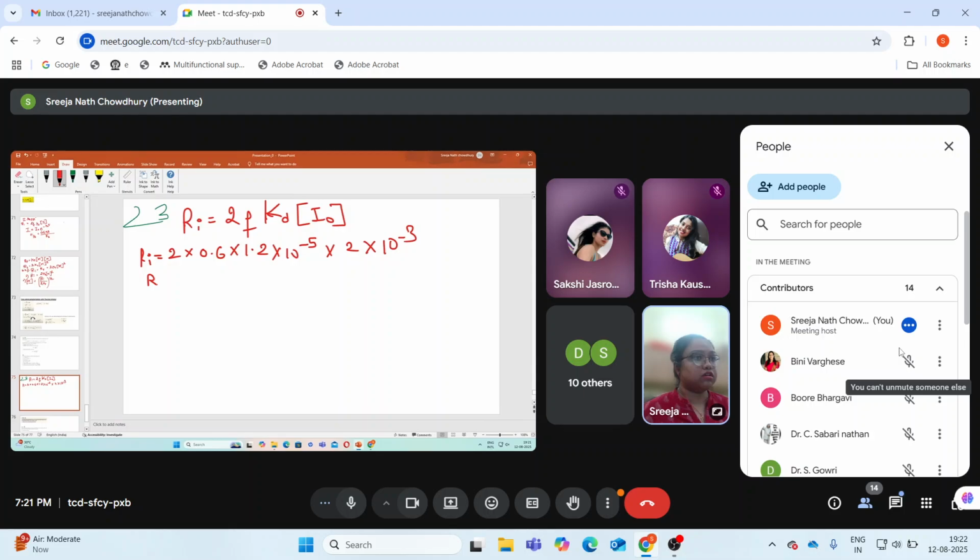Now determine the steady state radical concentration M dot.